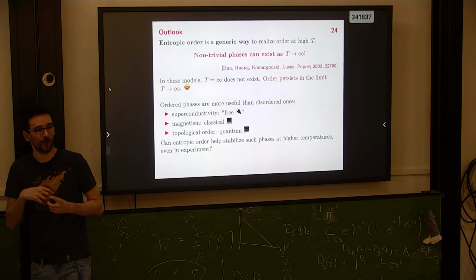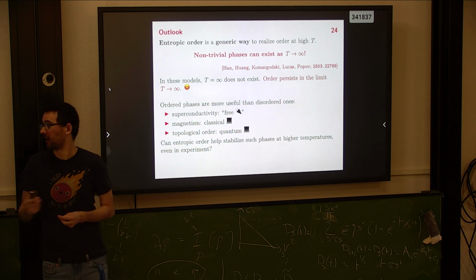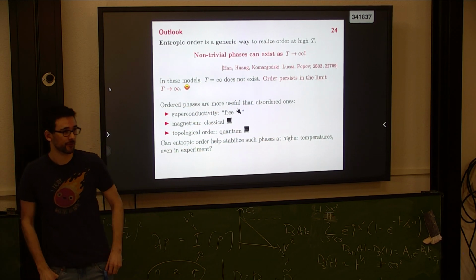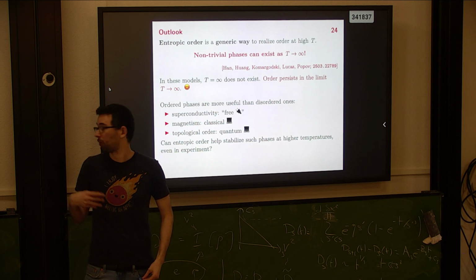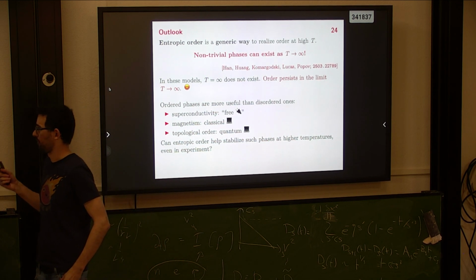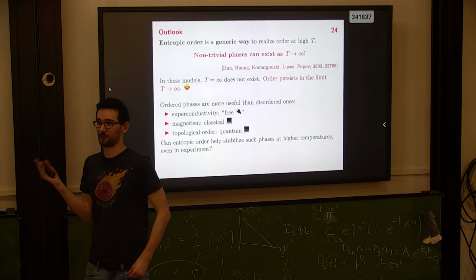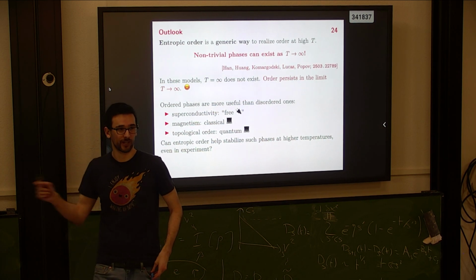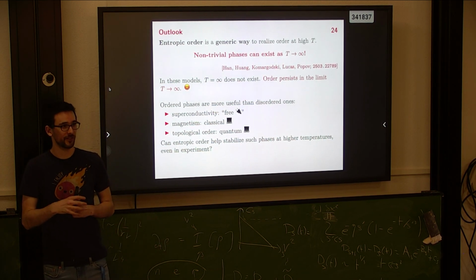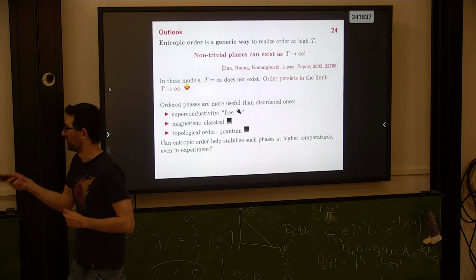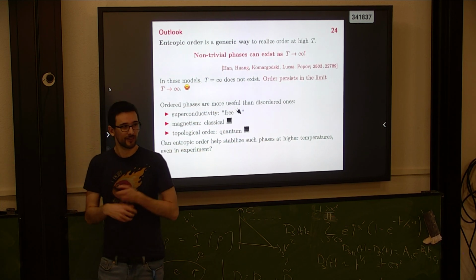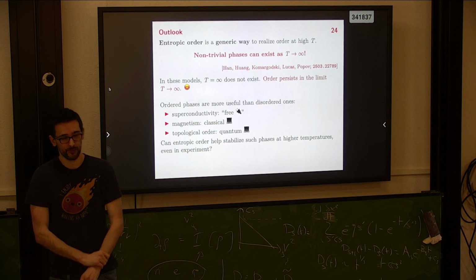So we get a lot of value out of the existence of an ordered magnet at finite temperature. And if we had quantum topological order at finite temperature, we would have thermally stable quantum computers. You could unplug your quantum computer from the power outlet and plug it back in, and your information would still be there. Unfortunately, this latter possibility is quite hard to realize, but if we had such a model, it would be very useful.